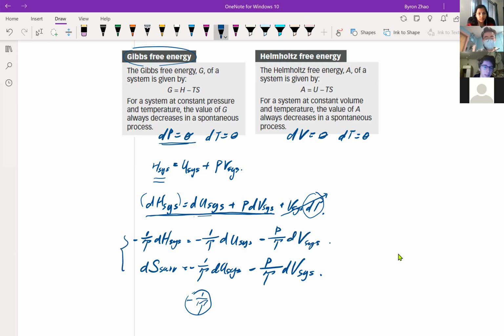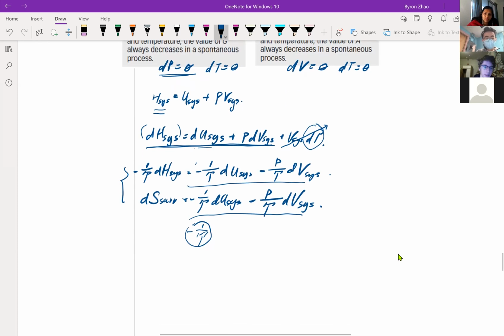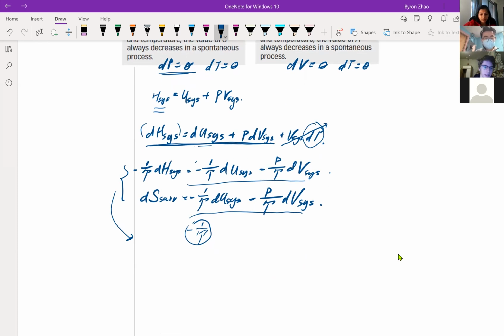So now we get these two equations. As you can see, the left side now is the same, so we can conclude that dS surrounding is equal to negative 1 over T dH system, right? So this is the first equation we got.